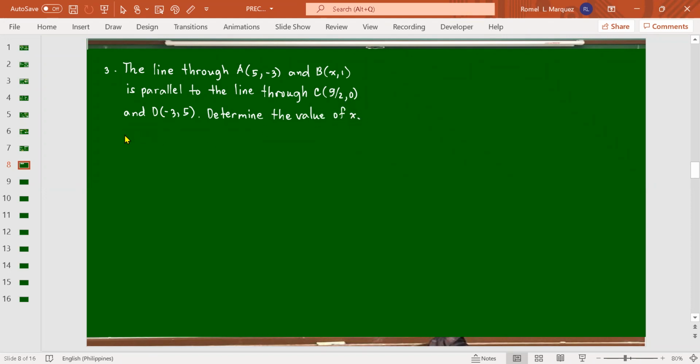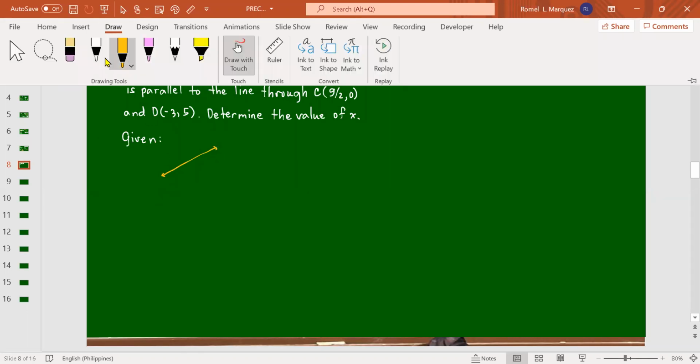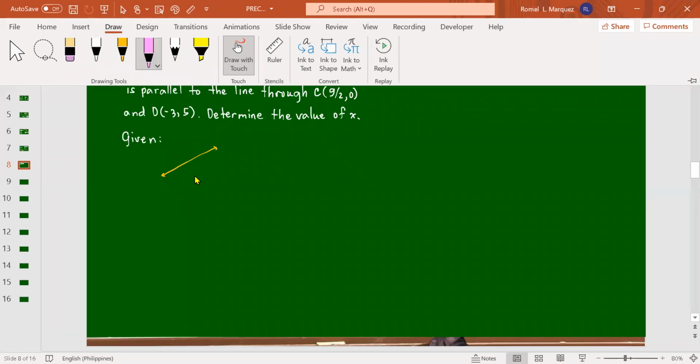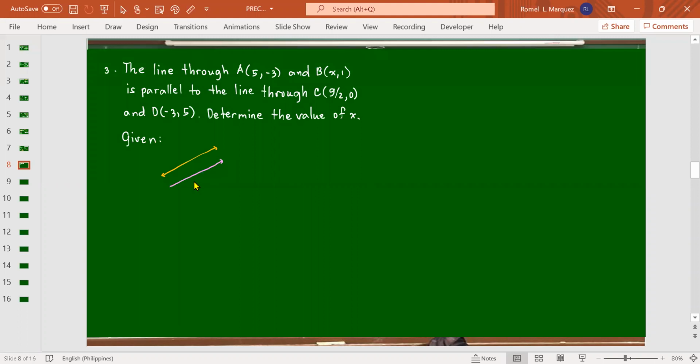Okay? So given, let's draw just an arbitrary illustration. There are 2 lines. Although not drawn to scale, especially regarding the slope, because we haven't solved the slope yet, whether negative or positive, no?